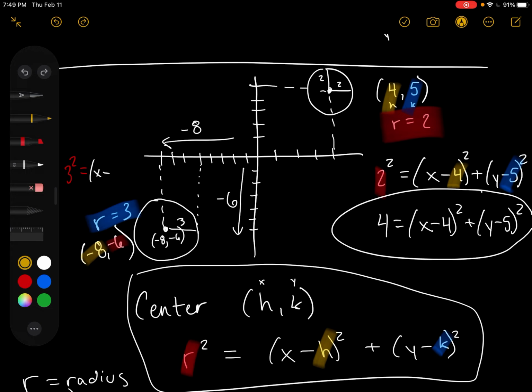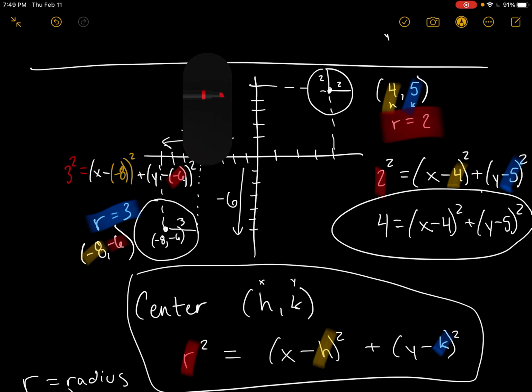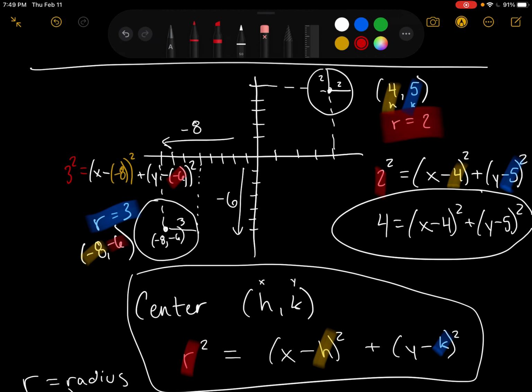And in this case, it's minus negative 8, so I've got to be careful plugging that in, plus y minus negative 6. And again, that negative 6, we can highlight that in red here. So that would be our full equation.